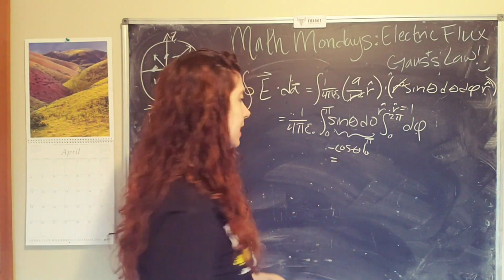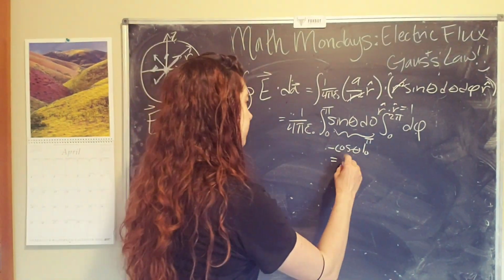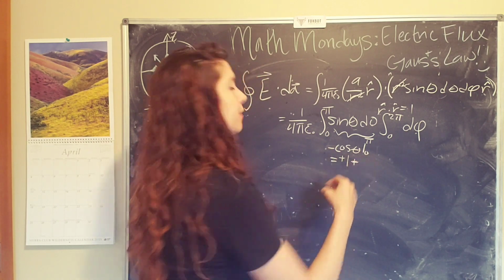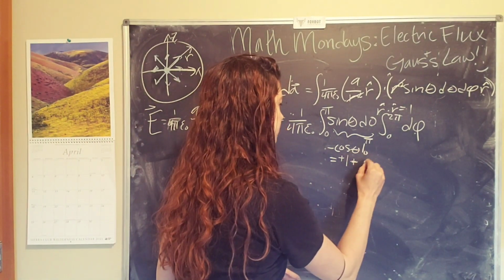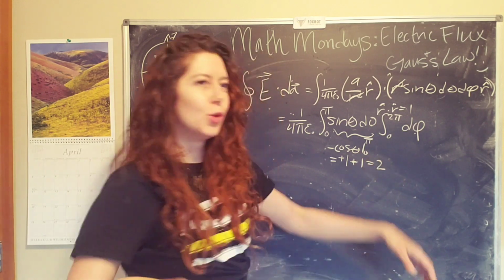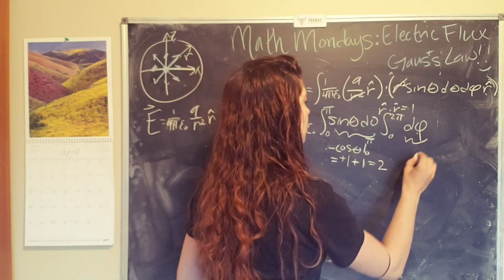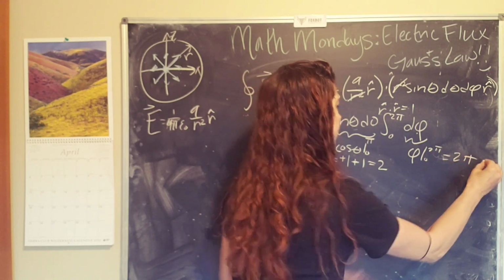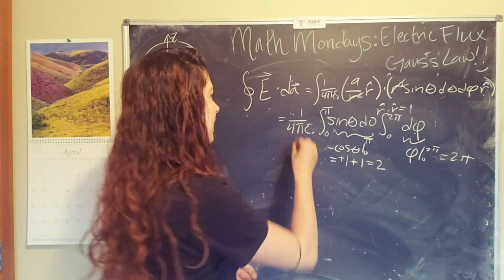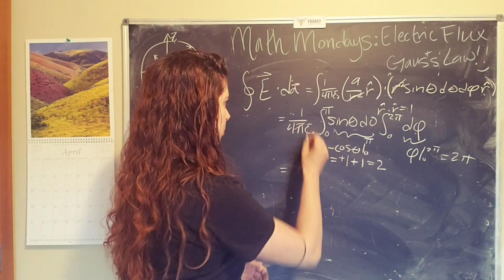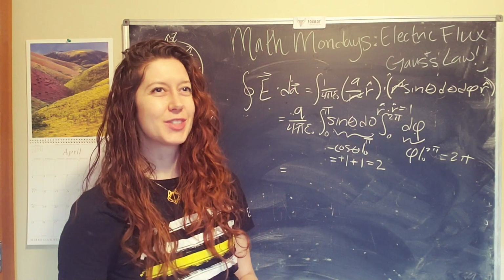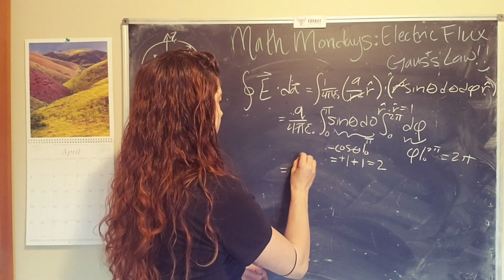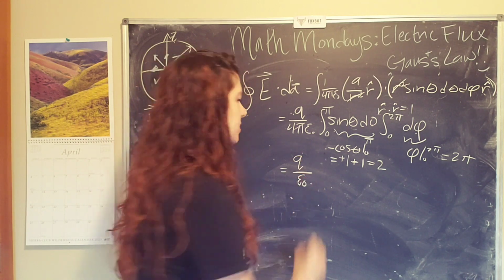Cosine of pi is negative 1, so a negative and a negative is positive; final minus initial, cosine of 0 is 1, so this gives us a 2. The phi integral just gives us phi from 0 to 2 pi, so this equals 2 pi. 2 times 2 pi is 4 pi. That cancels, and whoopsies, I lost my q. Wait a second, we're missing a very important piece. We end up with q over epsilon naught.